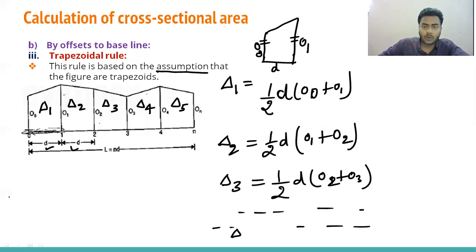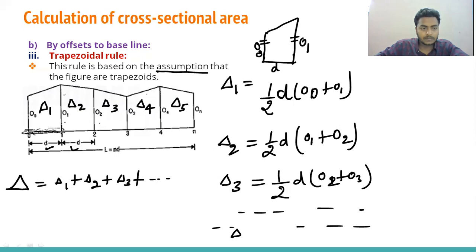Now we can take the total area. By summing all the trapezoidal areas, delta 1, delta 2, delta 3, we can get the total area. The total area I am representing by delta, so that will be delta 1 plus delta 2 plus delta 3 plus up to delta n.